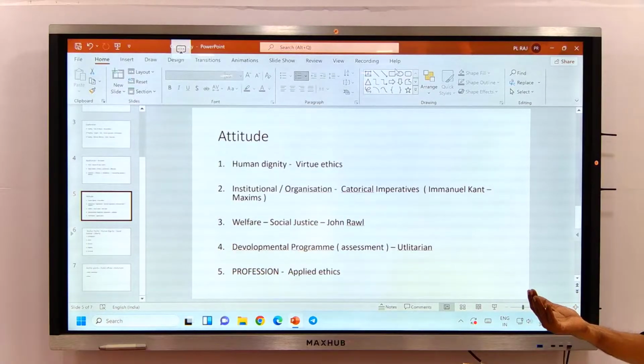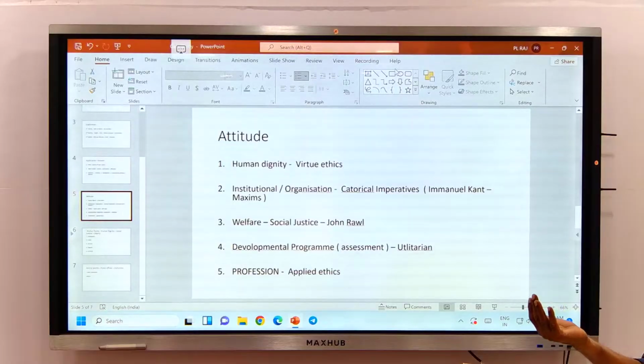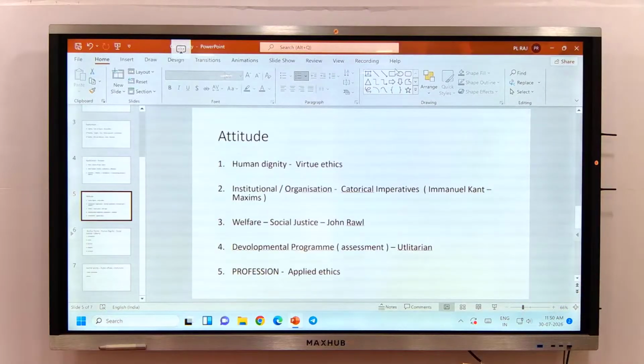Overreaching solution for the cases of human dignity. Then compliance for the cases of institutions and organizational functions. Then balance when we deal with the issues of society and all.